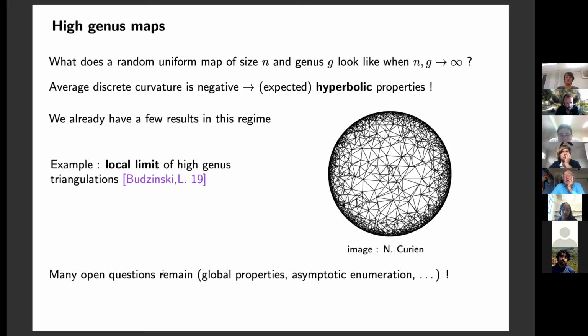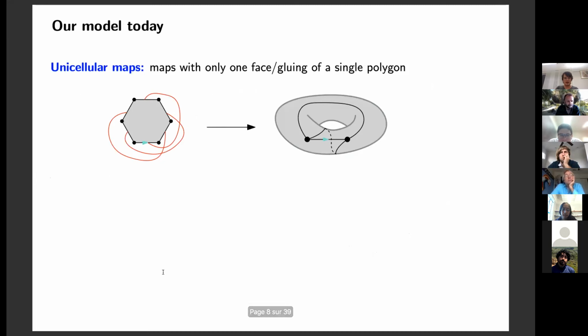When you have two parameters, especially when they go to infinity, it's much harder. So there are still challenges going on, but this is outside the scope of this talk as well. So I will just leave it here, and let me now specify a bit more what our model is today.